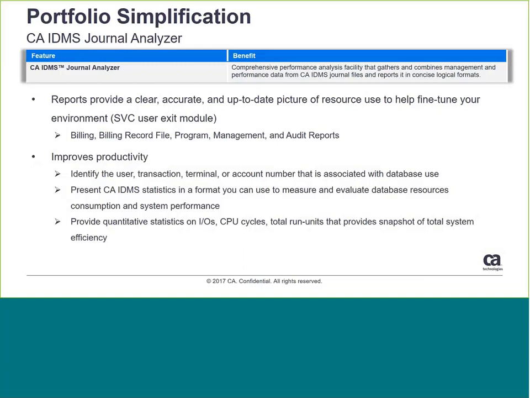So the journal is really how we keep track of transactions, and the journal records are associated with users and terminals, so Journal Analyzer provides the ability to see what's in your journals and get statistics and provide a set of reports that you can use to see what's going on. Next slide.